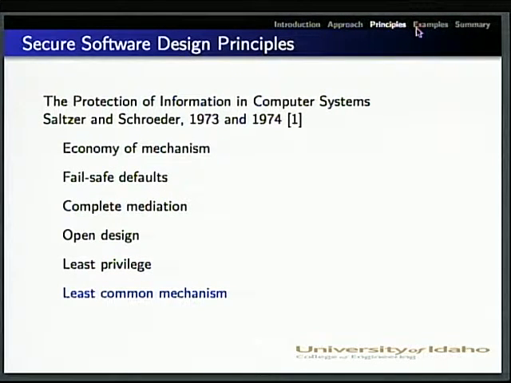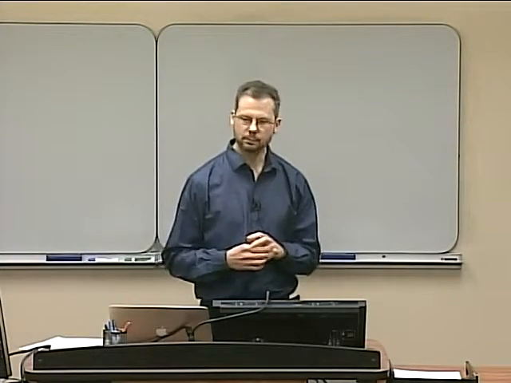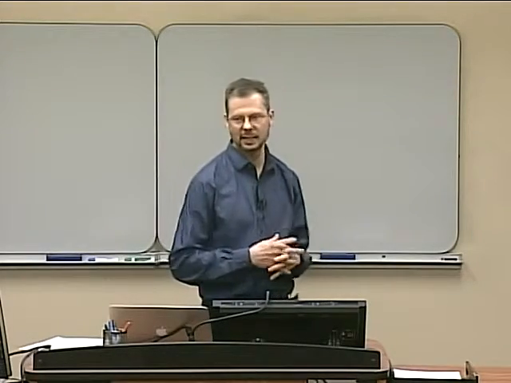Least common mechanism. Here is where you see a clear example of how these principles conflict with each other, and that's why it's so hard to develop systems that comply with all of these principles at the same time. Least common mechanism means that you should minimize the amount of entities that are common to your whole system. For example, the Apple case that I'm going to describe in a minute is a case in which they use a library, in particular an SSL/TLS library, and this is the same library that is used across all Apple products.